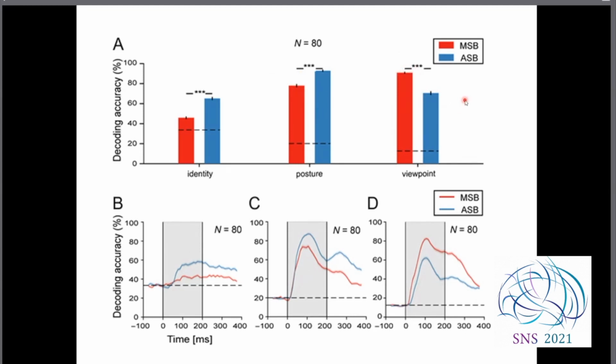So basically, what we see here is that the representation tolerates more differences in viewpoint as one moves anterior, and as a result of that, we also get better classification, or better encoding, of identity and posture irrespective of the viewpoint.